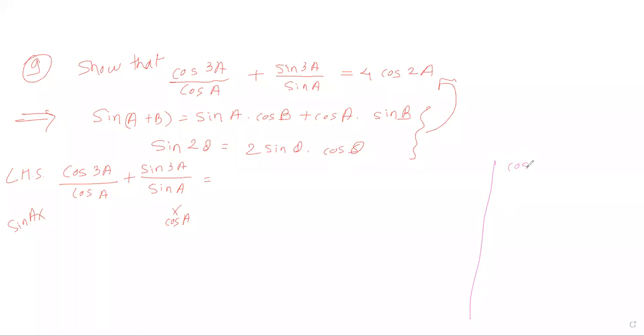See, cos 3A upon cos A plus sin 3A upon sin A. Here is fractions addition. Firstly make the denominator equal, so here sin A multiply and here also cos A multiply. Now what is the answer?